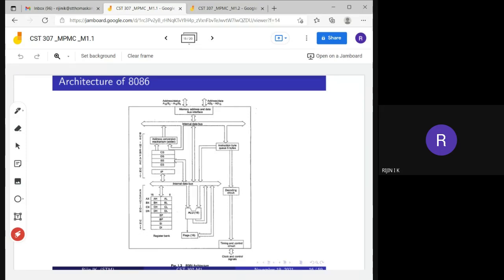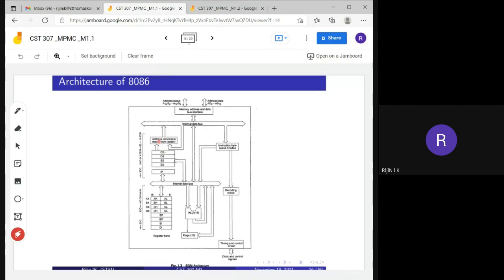Okay, how will it generate the 20-bit physical address? Actually, by using the 16-bit segment register value. We studied that the segment register will store the address of the different memory segments.